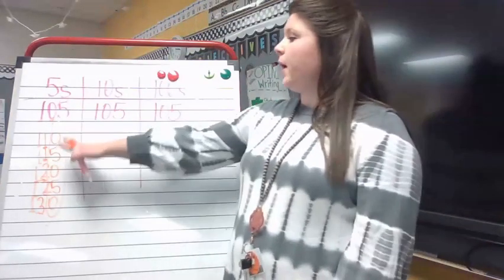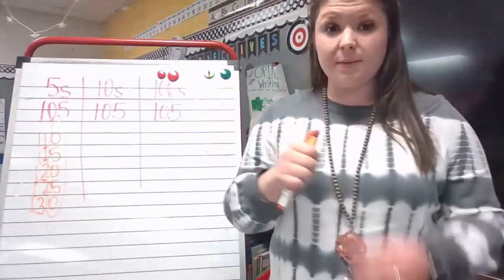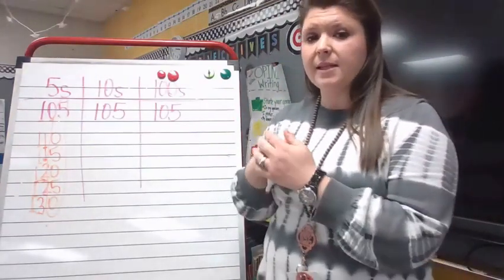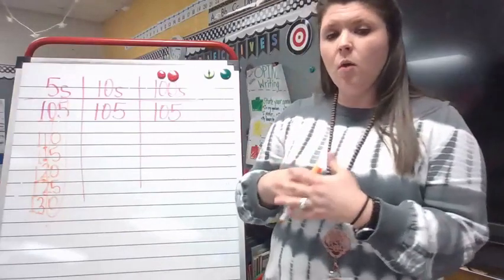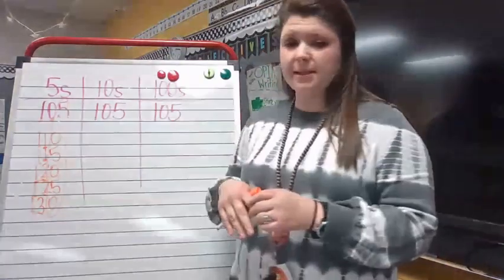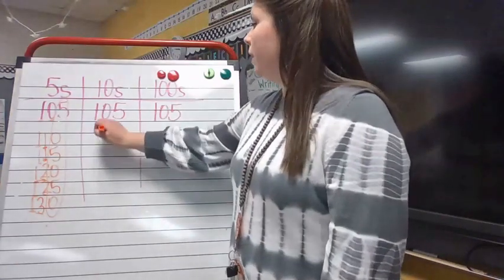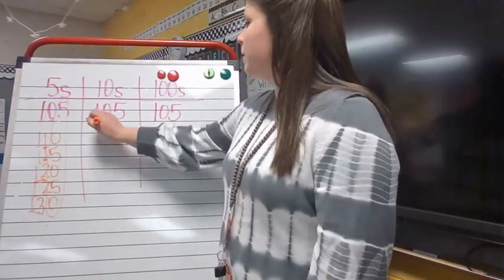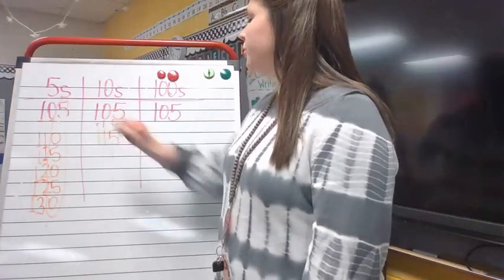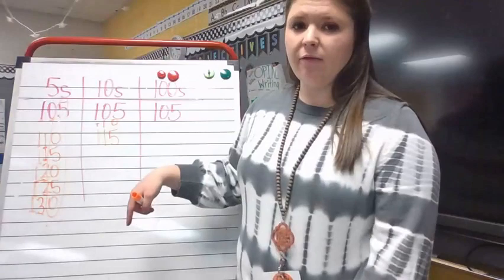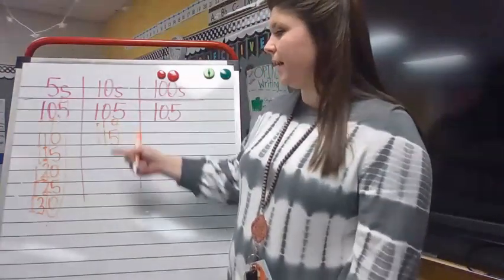All right, now let's compare that to counting by tens. So let's start at 105 and let's add 10 more. What's 105 plus 10? 115, because we're just adding one group of 10, right? We're at 115 and we add 10 more.